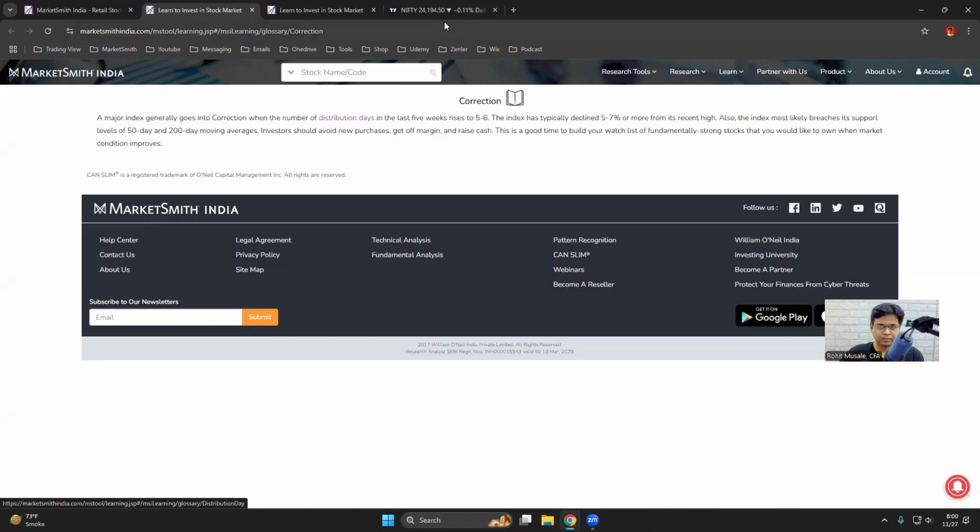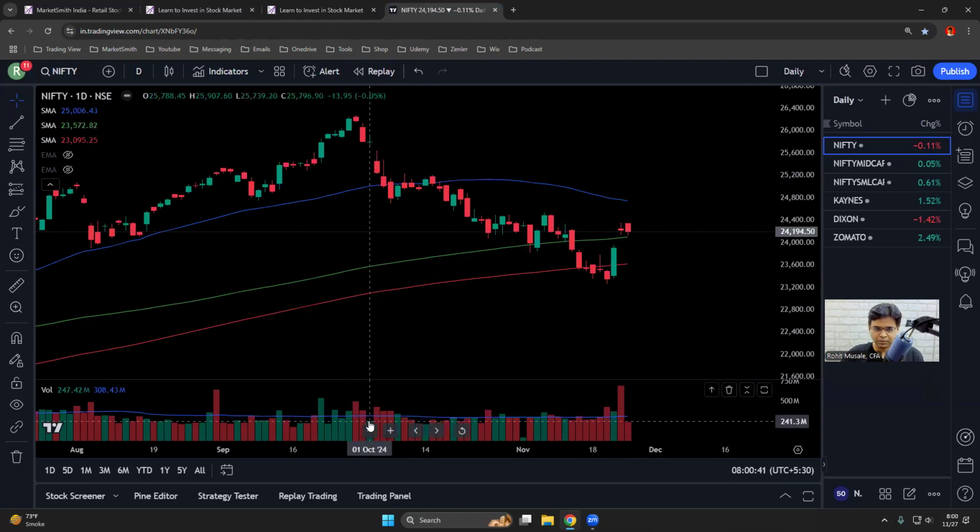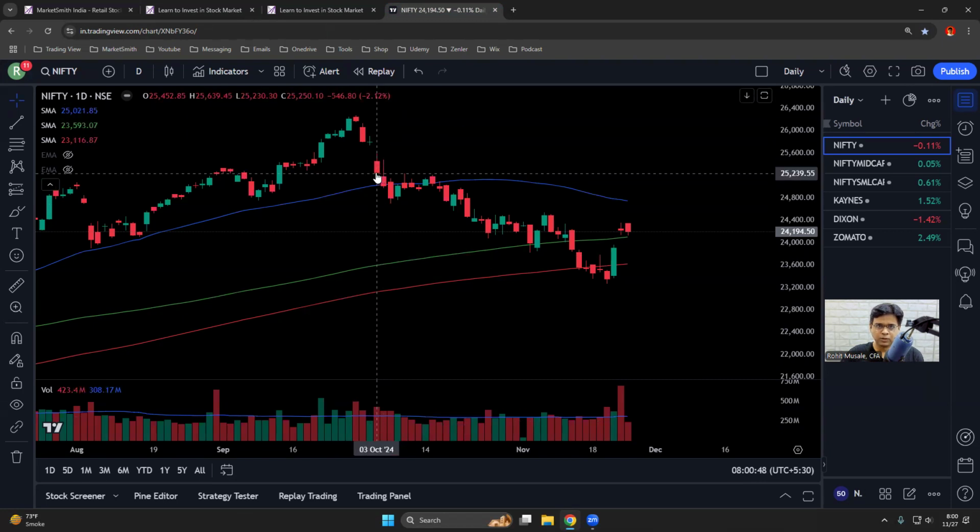For example, if you look at this day, the volume on this day is higher than the volume compared to the previous session, and the closing is 2.12% down. So the market has closed down by more than 0.2%. That is the first condition. Second condition, the volume on that session is higher than the volume on the previous session. If both the conditions are satisfied, that's a distribution day.